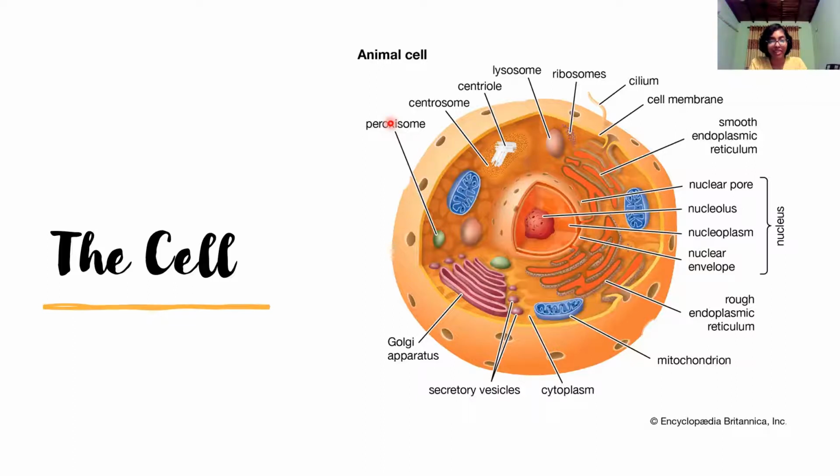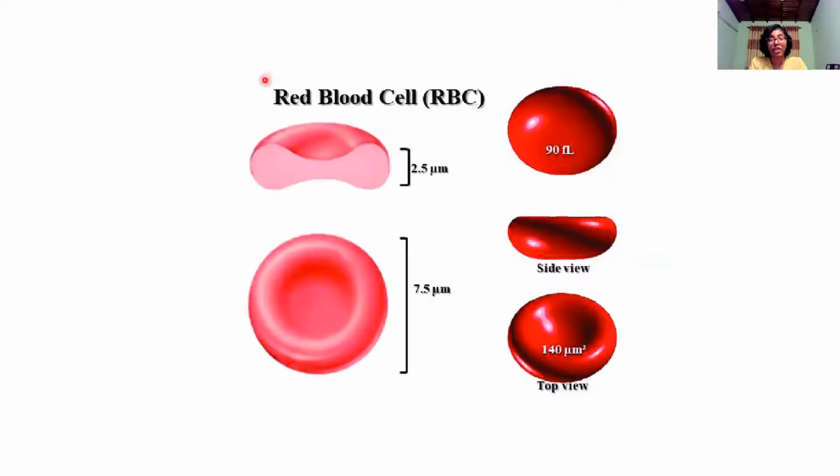Alright, let's have a look at it. Red blood cells. We all know about red blood cells. They make up a major part of our blood, about 45% of our blood. Here you can see the shape is different.